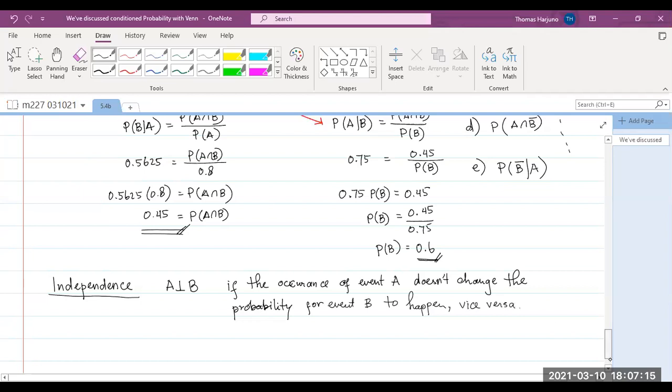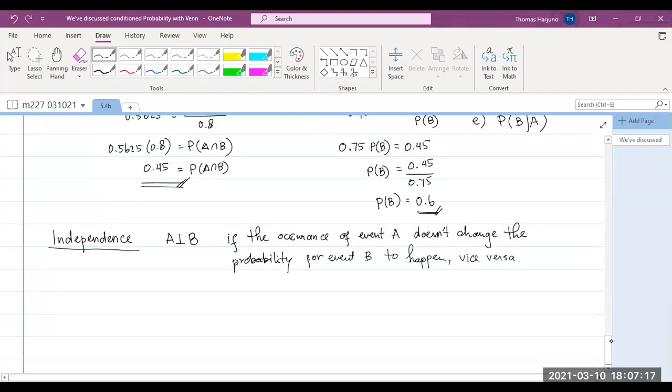Now, that's the definition, right? Let's see what the notation is. The probability of event A to happen does not change. It will stay the same if we know B happened or not.